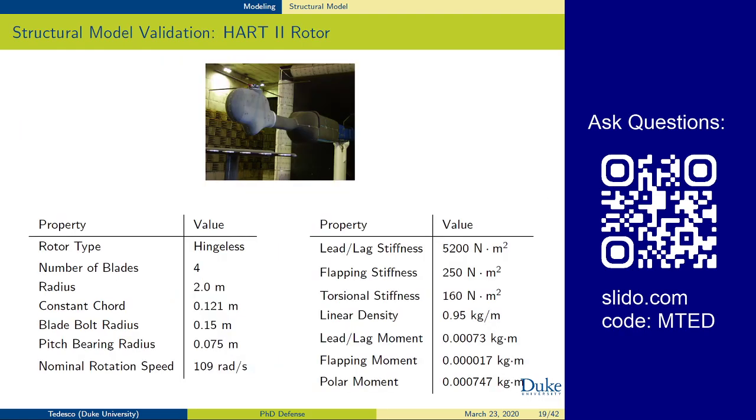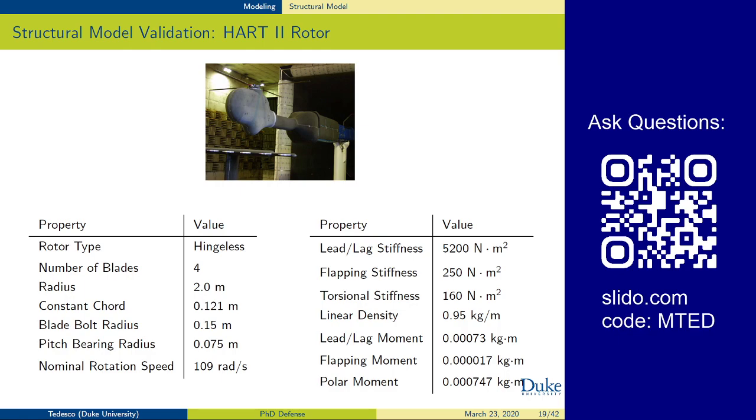Before we move on to the coupling, I think it's important that we validate this at least a little bit. The way I decided to focus on in this talk, we did a couple more cases in the dissertation, is focusing in on what's known as the HART-2 rotor. The HART-2 rotor is a test rotor that was created at DLR in Germany. It was used by a lot of different organizations, including, I believe, NASA for a little while.